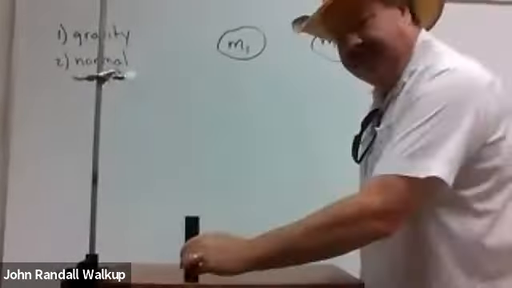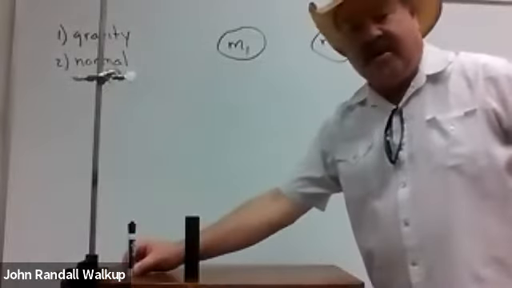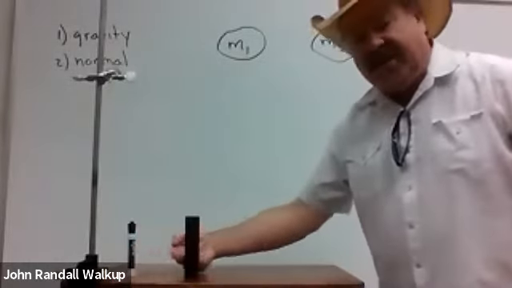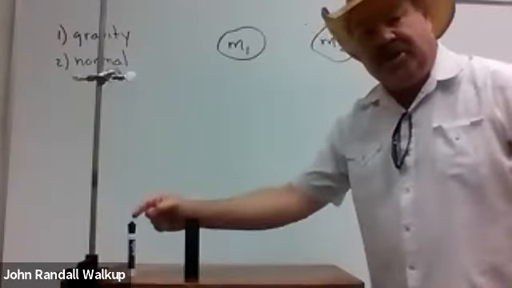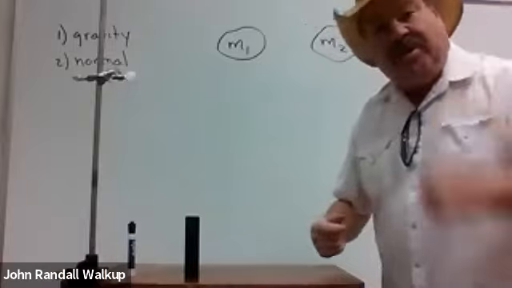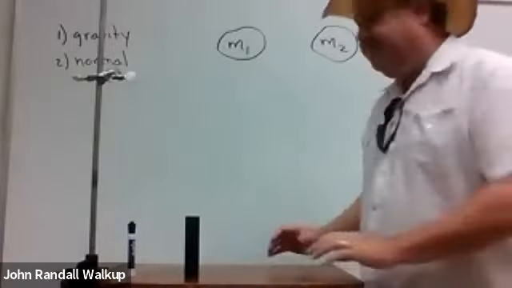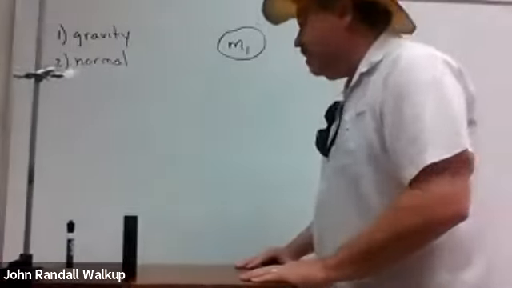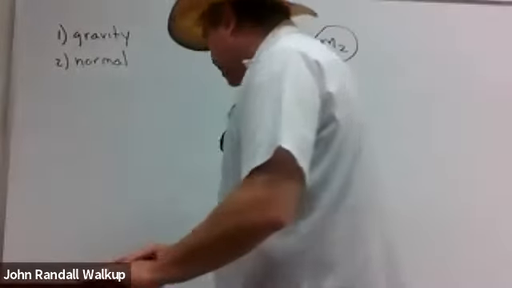So I place this body here and this body here. This is M1, for example, this is M2, and they attract each other. They pull on each other. That pull is a force.